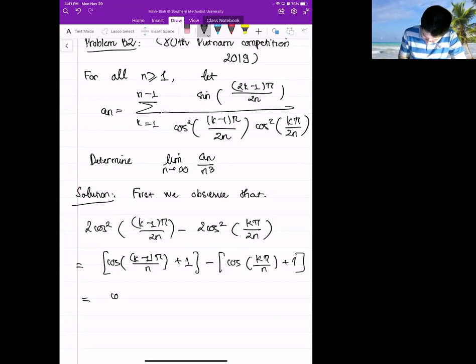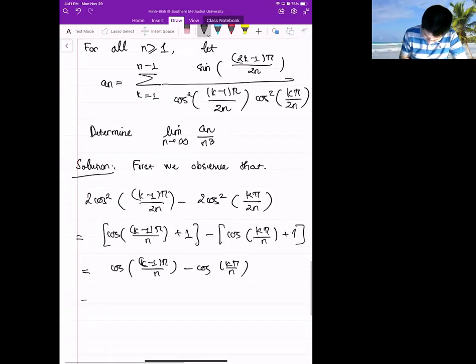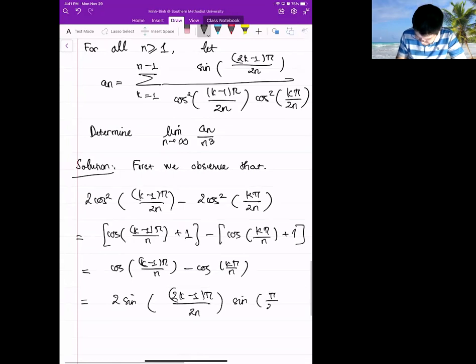So then you have cosine of (k minus 1) pi over n minus cosine of k pi over n, all right?